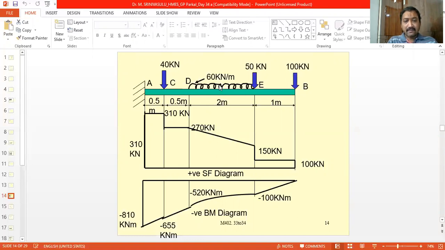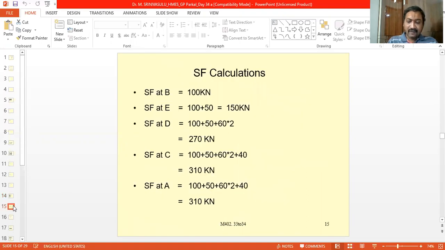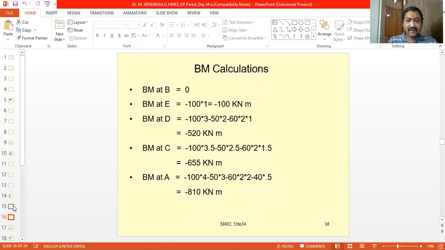So 60 into 2 is the force, that is 120 into 1, that is minus 120 kN meters, the moment caused by this UDL about the point D. Now we have to find the algebraic sum of all these to get the total bending moment at D. So that is equal to minus 520 kN meters.